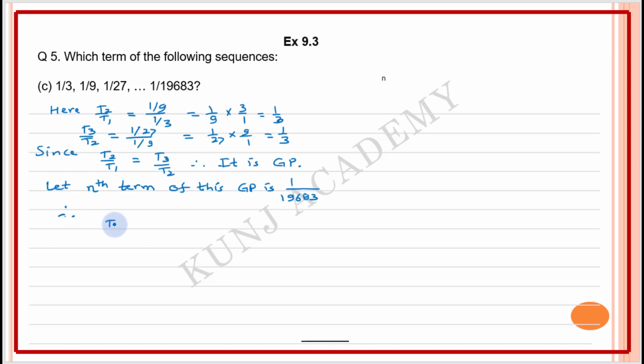Let the nth term of this GP be this much. Therefore Tn is equal to 1 upon 19,683. Tn is a r power n minus 1. a is 1 by 3, r is 1 by 3, where r is T2 upon T1, 1 by 3.